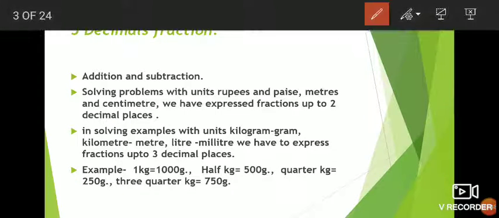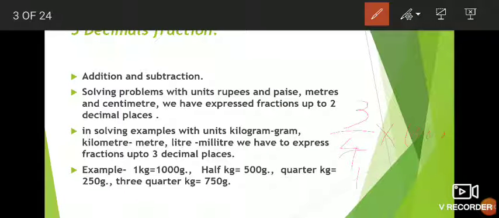Now 1 kg is equal to 1000 grams, so half kg, half of the 1000 is 500 grams. Quarter kg means what? 1/4 part of the 1000. 1/4 part of 1000 is coming 250 grams, and 3 quarter means what? 3/4 part. Okay, that is 3 upon 4 into 1000.